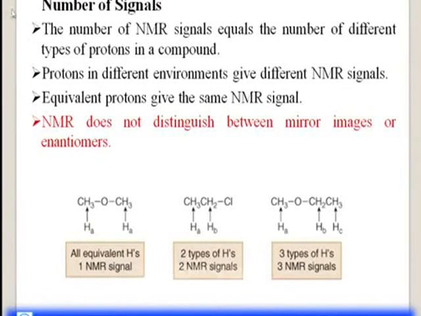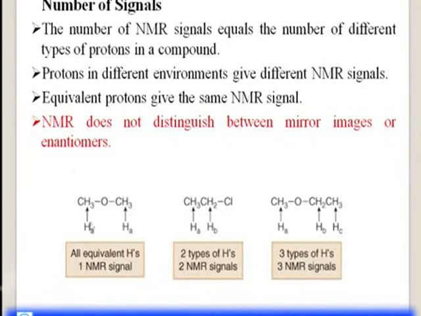How can we detect the number of signals? The number of NMR signals equals the number of different types of protons in a compound. Protons in different environments give different NMR signals. Equivalent protons give the same NMR signal, and NMR does not distinguish between mirror images, or enantiomers.